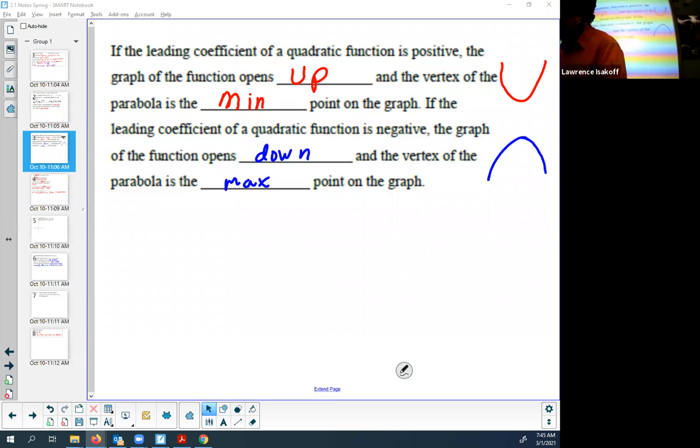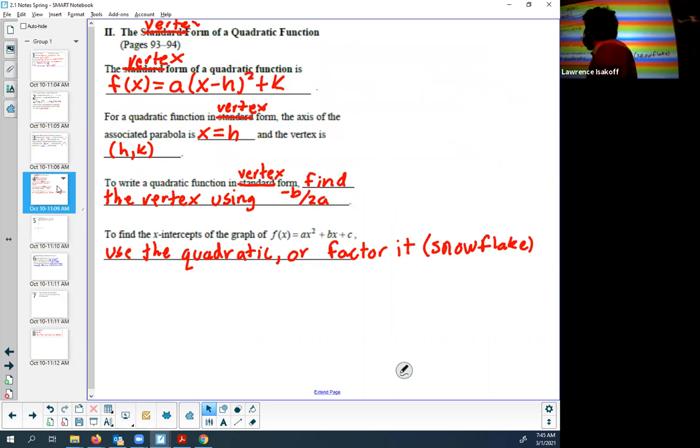So again, a positive a value in front tells me it opens up. A negative a value tells me it opens down. A positive a value means it has a minimum. And a negative a value tells me it has a maximum.